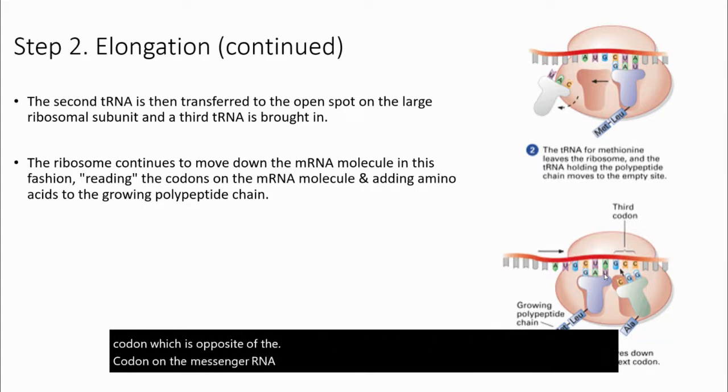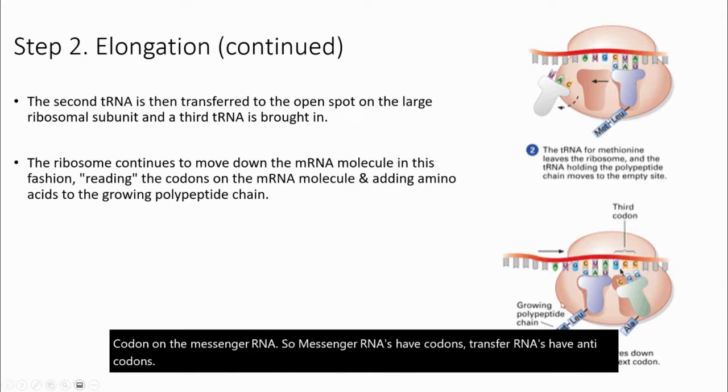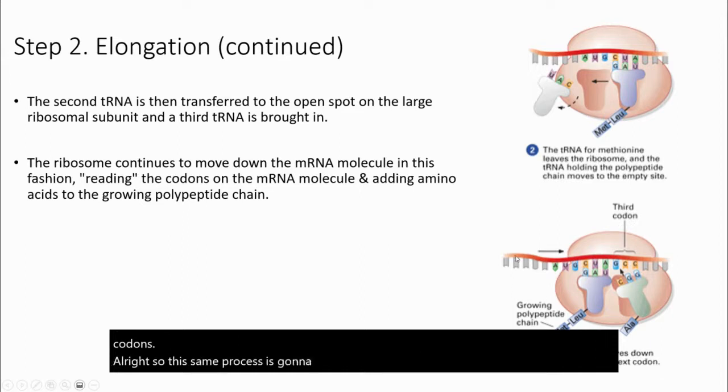So messenger RNAs have codons, transfer RNAs have anticodons. All right, so this same process is going to keep happening until it's reached the end of the RNA molecule.